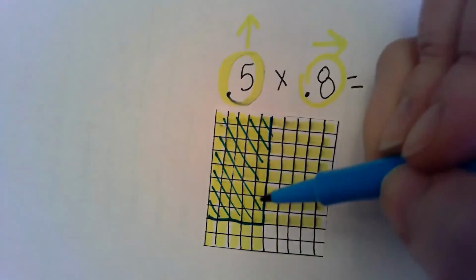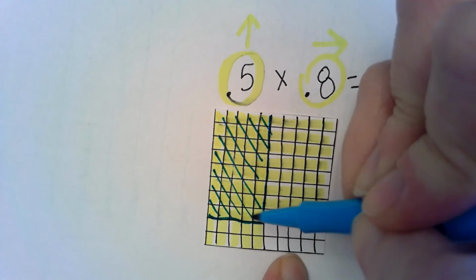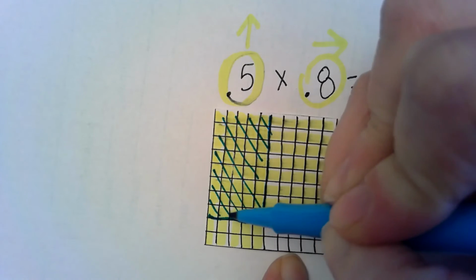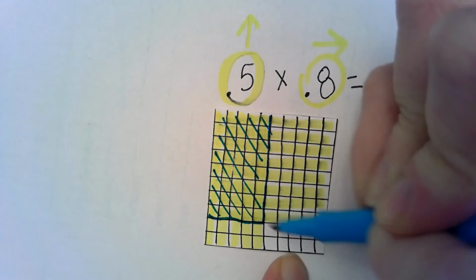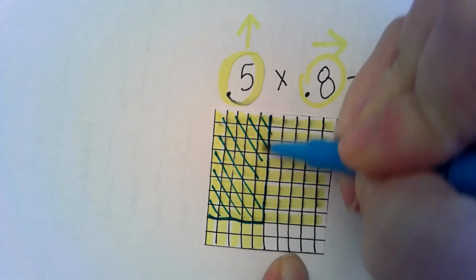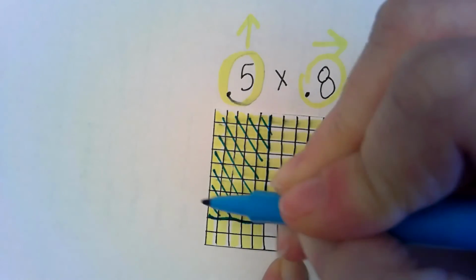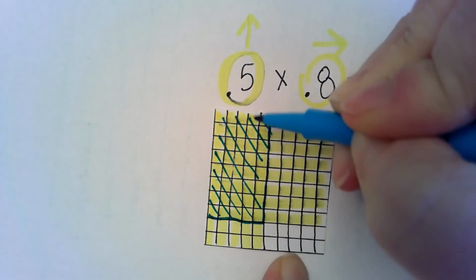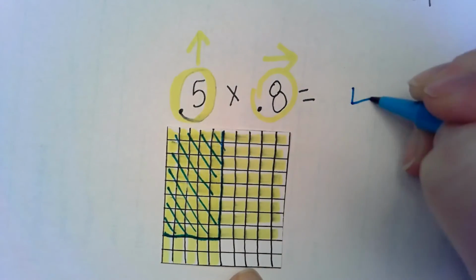I have to come and actually count these, or of course, since it's an array, I can count, and I see that I have 1, 2, 3, 4, 5 here. Okay, I have 1, 2, 3, 4, 5, 6, 7, 8 here. 5 by 8 means that I have 40 single squares inside this overlap area.